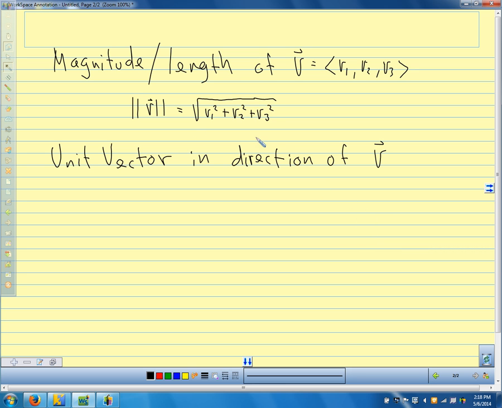It had to do with the magnitude. We take our vector and we divide it by its magnitude. So we're dividing the length out of the vector. So that's how we find a unit vector in the direction of a vector.